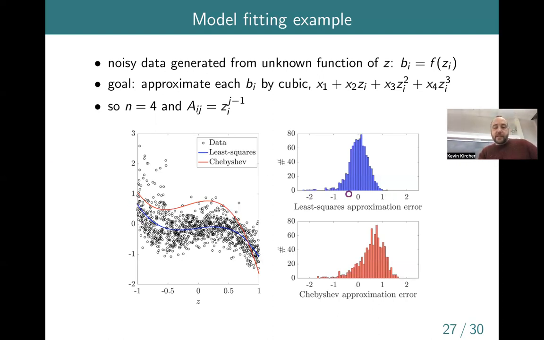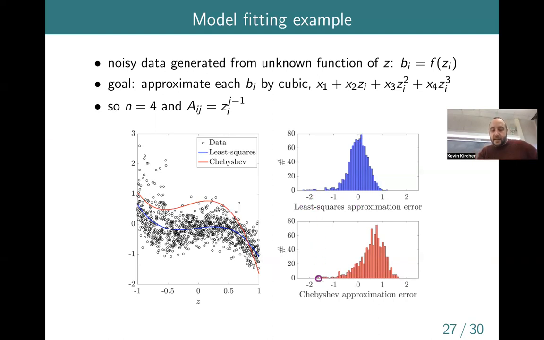For the least squares fit, we're sitting nicely in the middle here. We get this bell-curved, Gaussian-looking thing. But you can see that we have a bunch of bad under-predictions here, where our error is like -2. The Chebyshev fit says, I don't care so much about what's happening in the middle. What I really care about is knocking down these outliers and predicting those better.